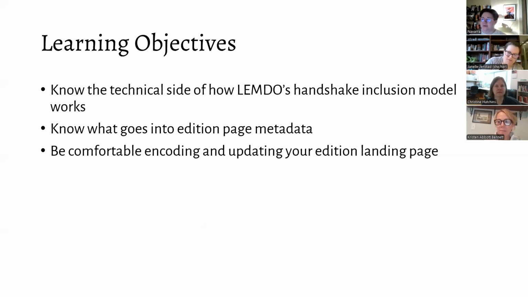We're also going to talk about what goes into your edition page metadata. Throughout this webinar series, we've skirted around metadata a little bit, talked about a piece or two. Today, we're going to really get into it. And hopefully by the end of this, you'll be comfortable encoding and updating your own edition landing page.